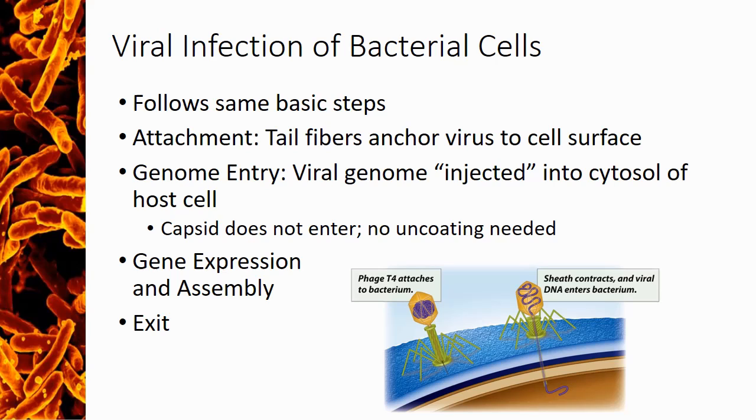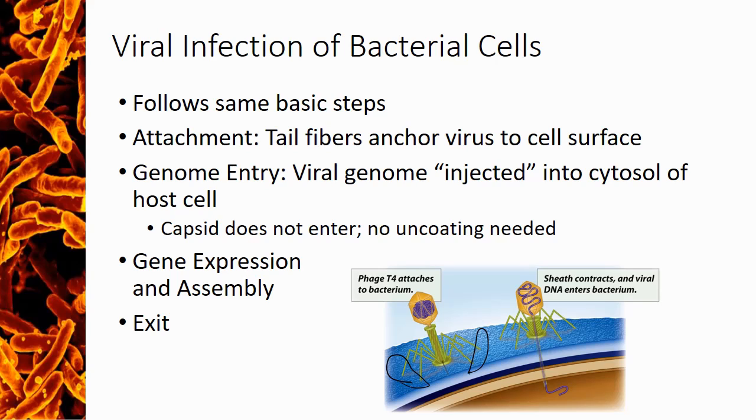and exit. However, complex-tailed bacteriophages handle the entry portion differently than animal viruses that we discussed previously. Here, you can see the tail fibers of the bacteriophage attaching to the surface of the bacteria itself. However, the viral capsid and protein structures do not enter the cell during entry.